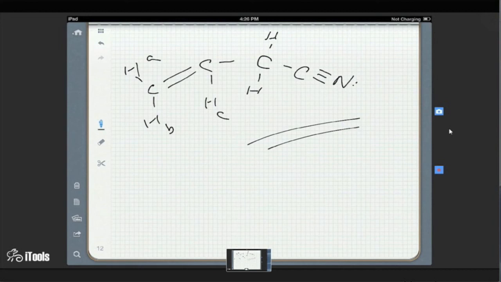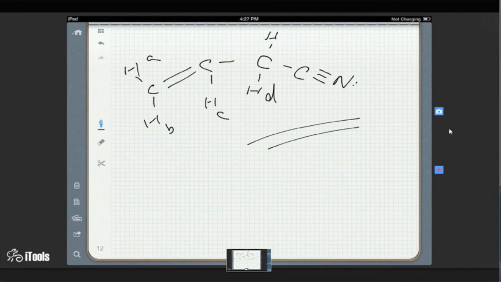Done? Okay. All right, so let's talk about this a little. Obviously, we want to focus on the methods here. So first of all, how do we know when there's an alkene? The obvious way is for hydrogens to be between 4.5 and 6 on the proton NMR. That's right.